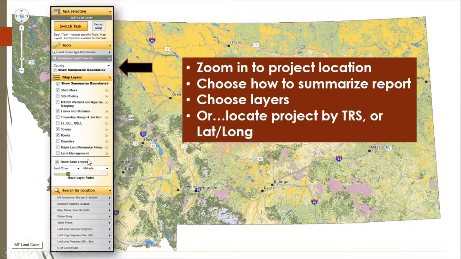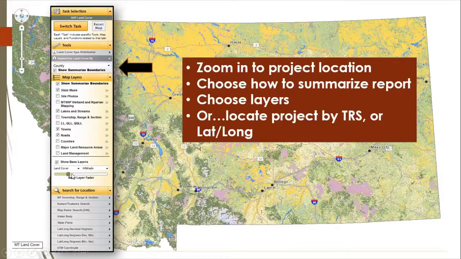Especially if you're using township and range to find your locations, it is much easier to view the township and range and make sure that you select it up here so you can view that layer. You can slide this bar left to right.